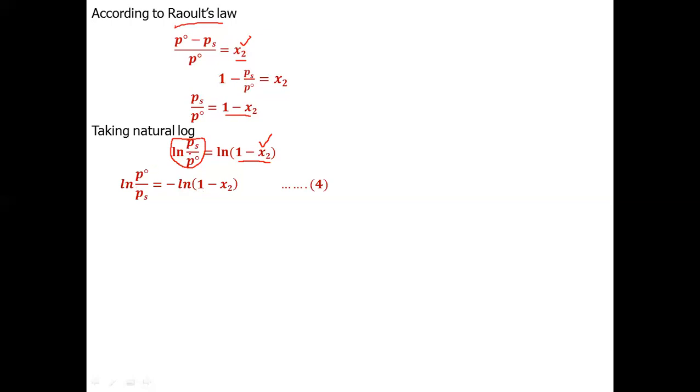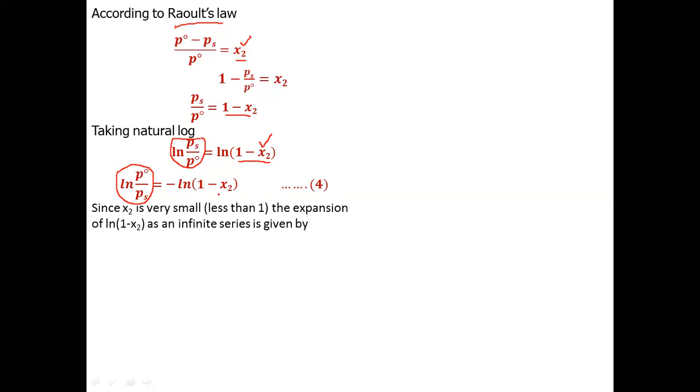Ln P naught by Ps is equal to minus natural log of 1 minus x2. Why have we taken its reciprocal? Because we need the value of ln P naught by Ps. Now it is equal to minus natural log of 1 minus x2. Since x2 is very small, why? Because the solution is dilute. So from mathematics we have an expression for natural log of 1 minus x2, given by an infinite series.